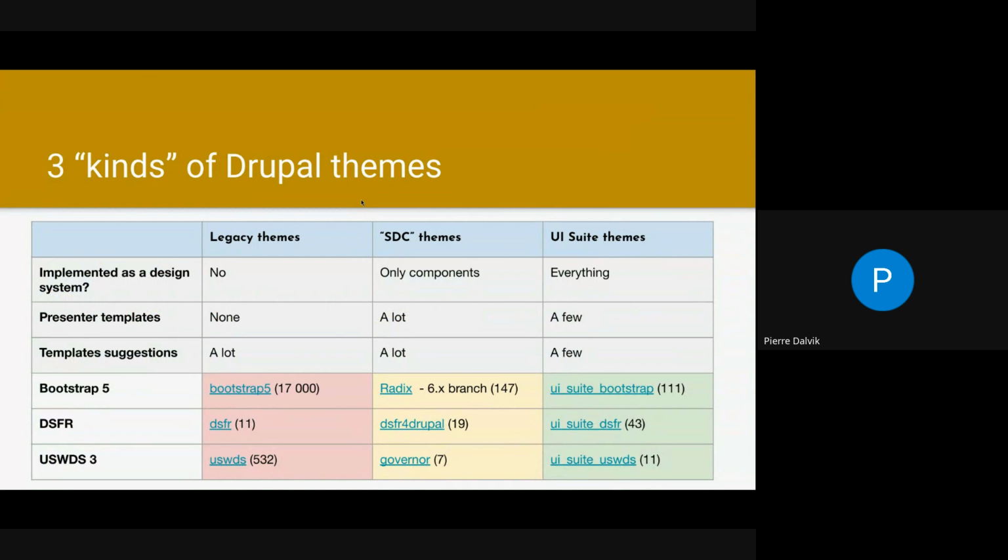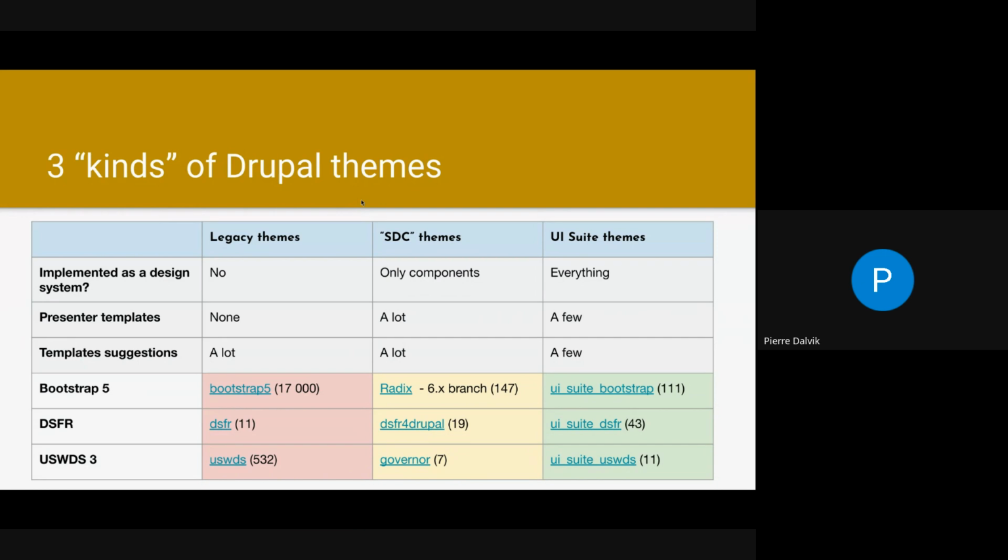So let's talk about our public implementation now. I want to share with you an overview of how we position ourselves in the Drupal ecosystem. It seems we now have three kinds of Drupal theme. We have the usual good old Drupal theme. I'm calling them the legacy ones. They are not implemented as a design system at all.